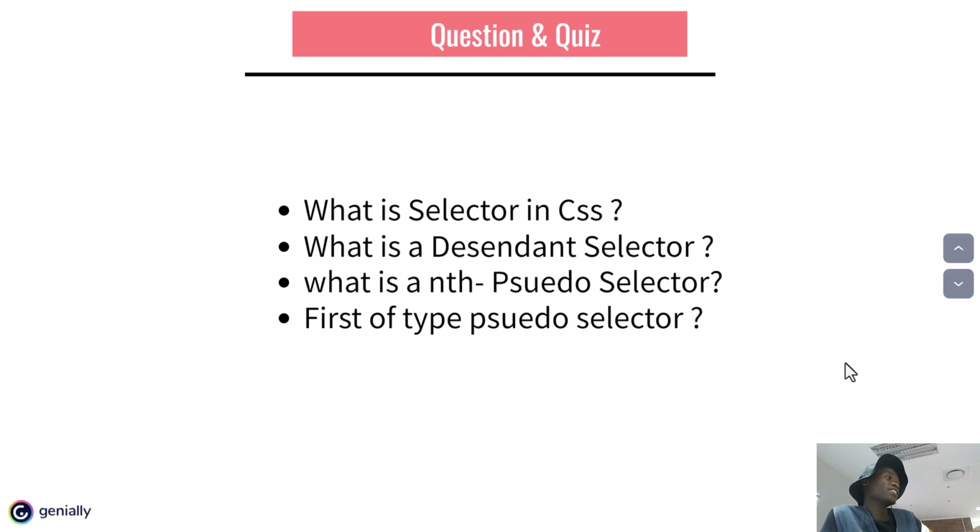In order for you to grab the first list item, there is a pseudo selector for that. The first-of-type pseudo selector is going to select the first li in the ordered list. There is also another pseudo selector, which is the last-of-type. I'm sure you know that one.